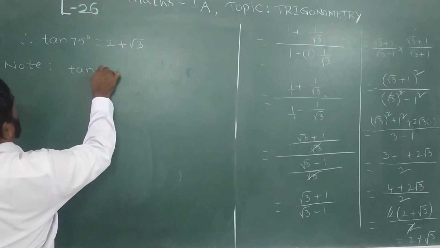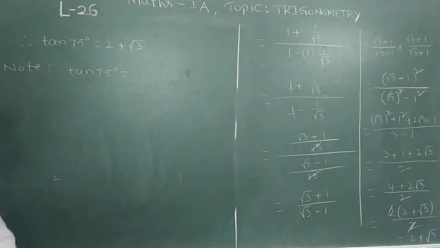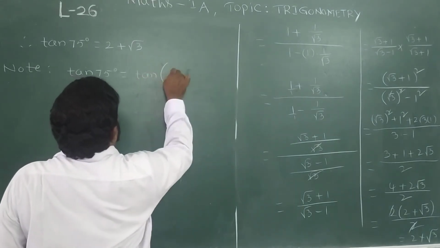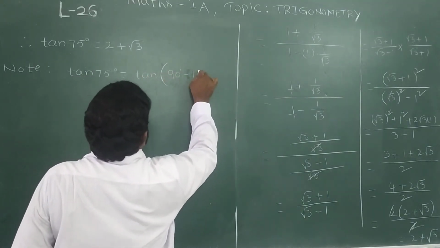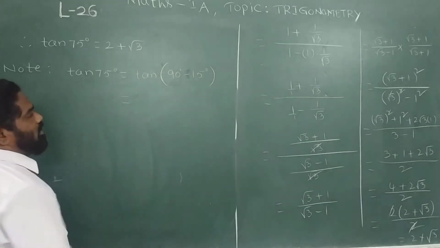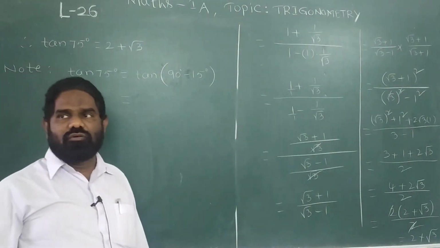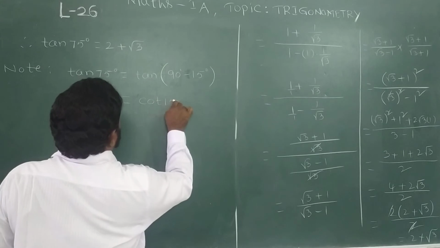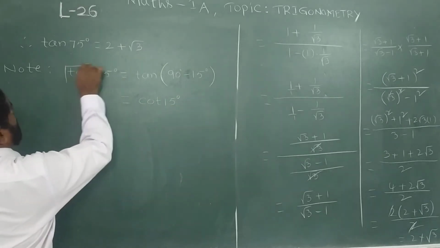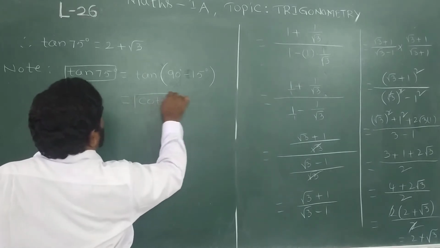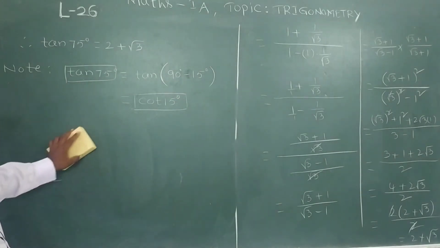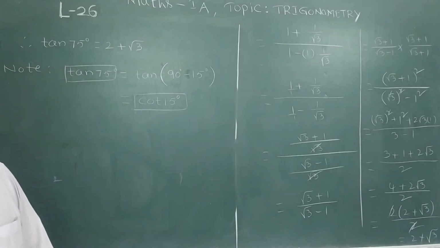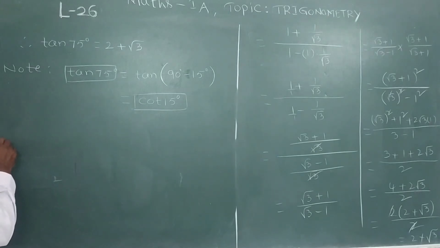Tan 75 degrees can be written as tan of 90 minus 15 degrees. 90 minus 15 is 75. So tan of 90 minus theta is cot theta, which means tan 75 degrees equals how much? Cot 15 degrees. Understand?